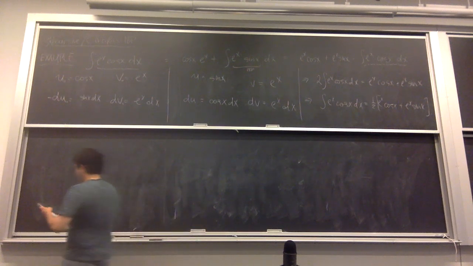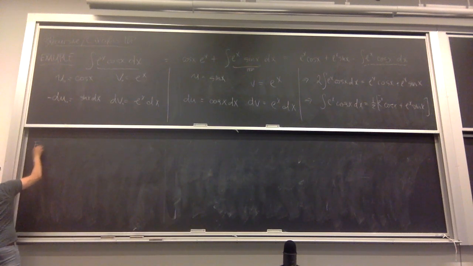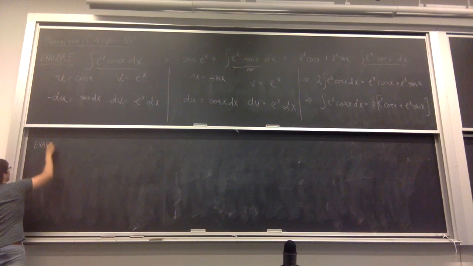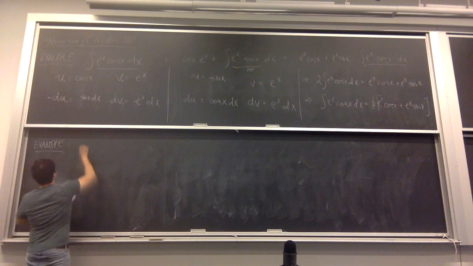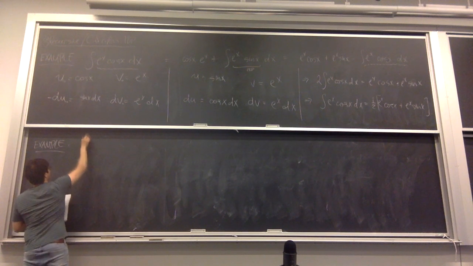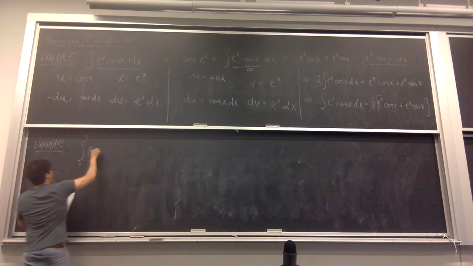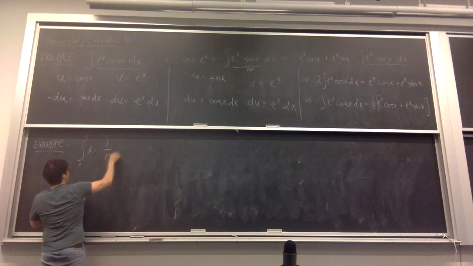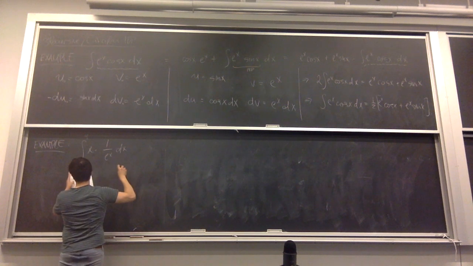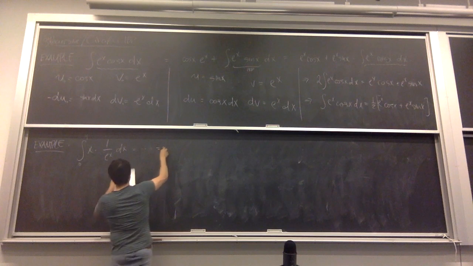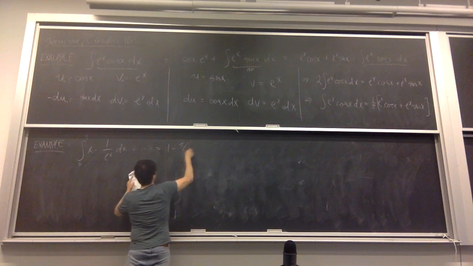I want you to try this definite integral, but just do the integration by parts first and then throw in the bounds later. So do this: the integral from 0 to 4 of x times 1 over e^x dx. Give that a go. That eventually works out to 1 minus 5 over e^4.